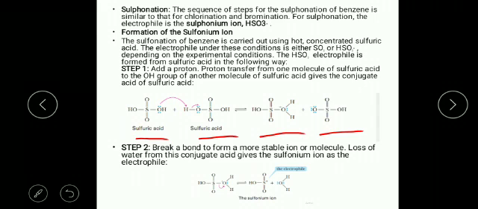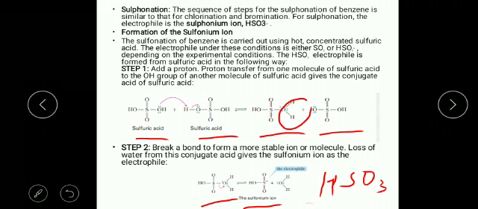This H3SO4+ molecule in step 2 again removes a water molecule, removes the H2O, and forms the sulfonium ion, HSO3+.